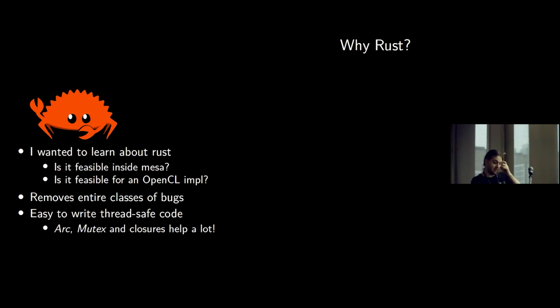And I basically chose Rust, which was kind of getting attention, and I thought, maybe that's a cool programming language. And how I approached this was that, because I was working on Mesa, maybe we could use Rust there. And because I was also familiar with OpenCL and worked in this area, I was interested in whether Rust can actually be used to implement those heavily C-based APIs.